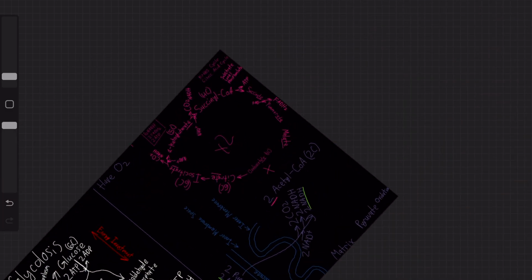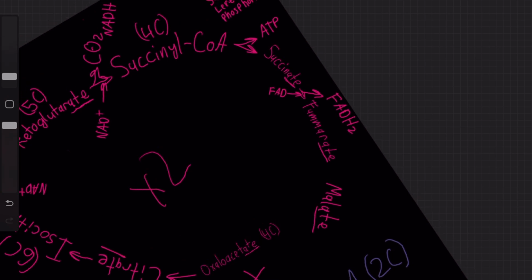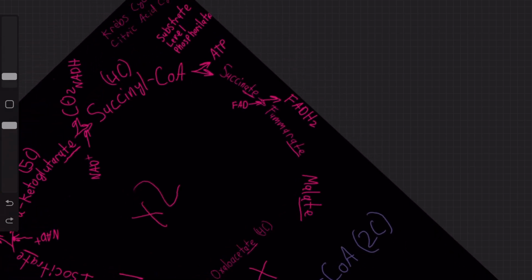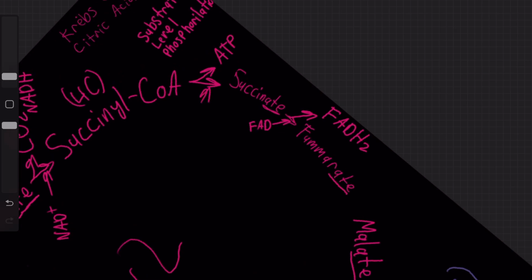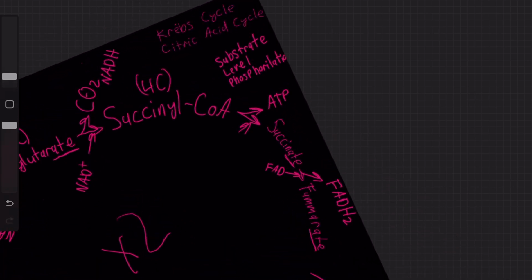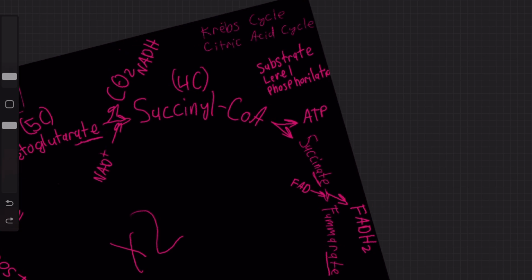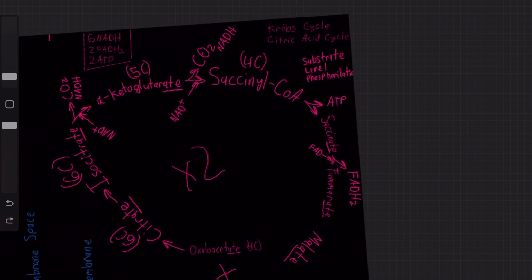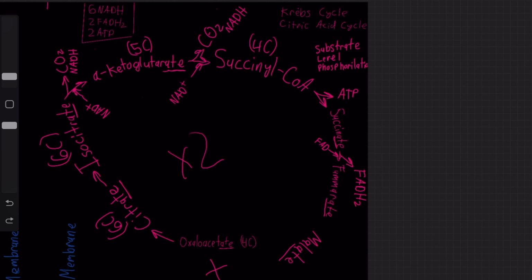So every single one of them has ATE except for succinyl coenzyme A. And that's how we remember ATP comes after the one without an ATE. Succinyl coenzyme A does not have an ATE like the rest: oxaloacetate has an ATE, citrate has an ATE, isocitrate has an ATE, ketoglutarate has an ATE, and the only one that doesn't have an ATE is succinyl coenzyme A. That's how you know right afterward it's going to make ATP.